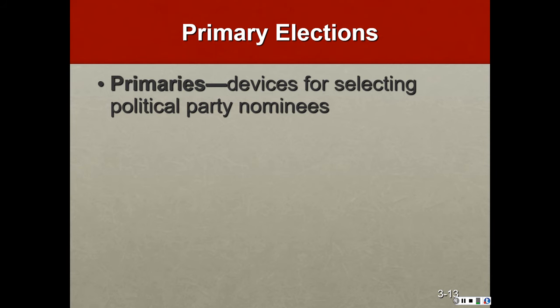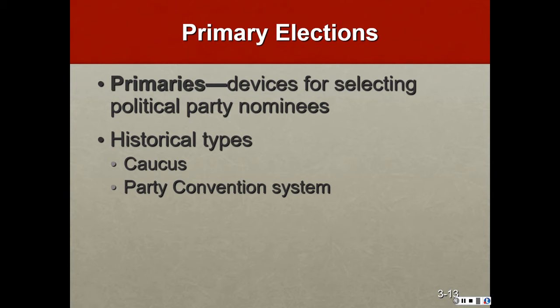Traditionally, we have seen different types. These have been caucuses where party leaders will meet and they will decide, they will cast their votes. The party convention system where delegates will decide.